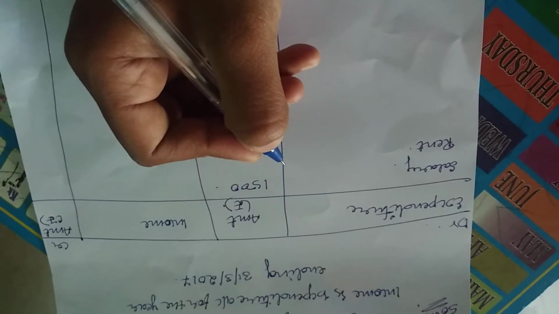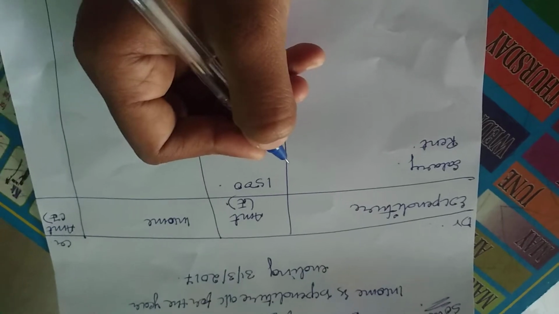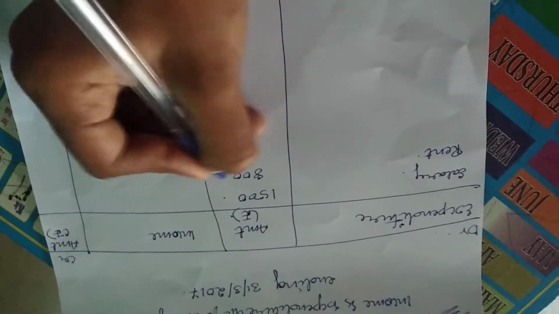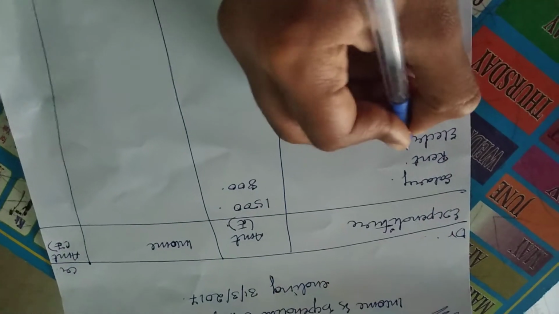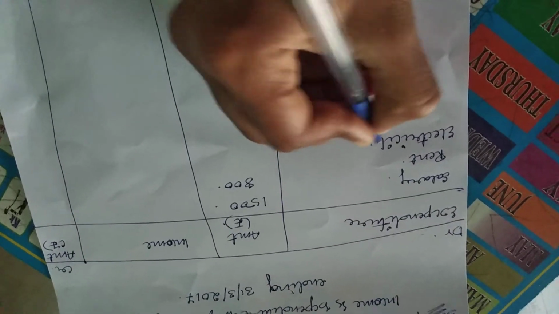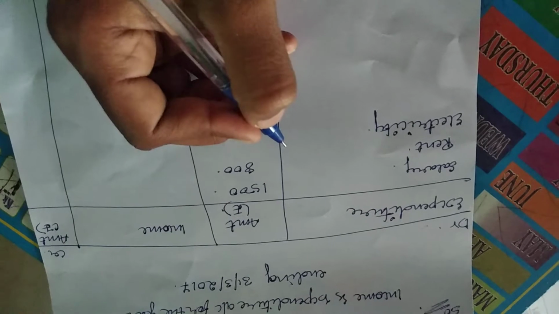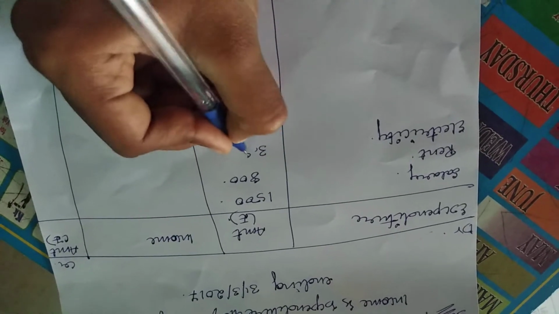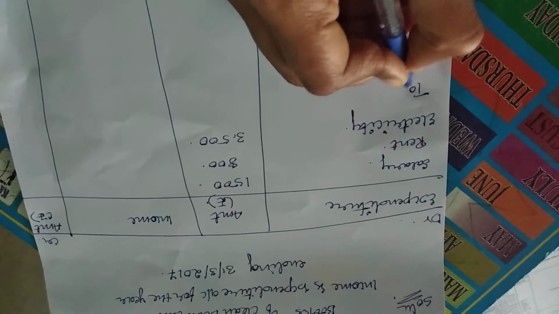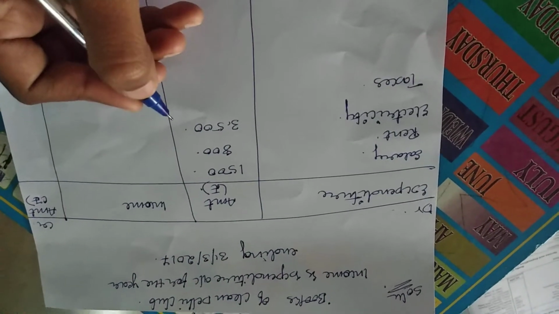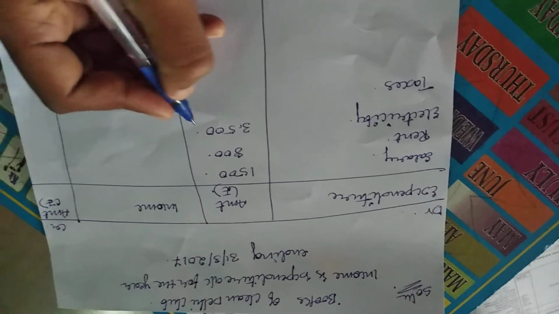So we are transferring it to the expenditure, rent, which is 800 rupees. And the third item is electricity, which is also an expenditure that we need to pay, 3,500. And the next item is taxes, which we have to pay. It is also an expenditure.